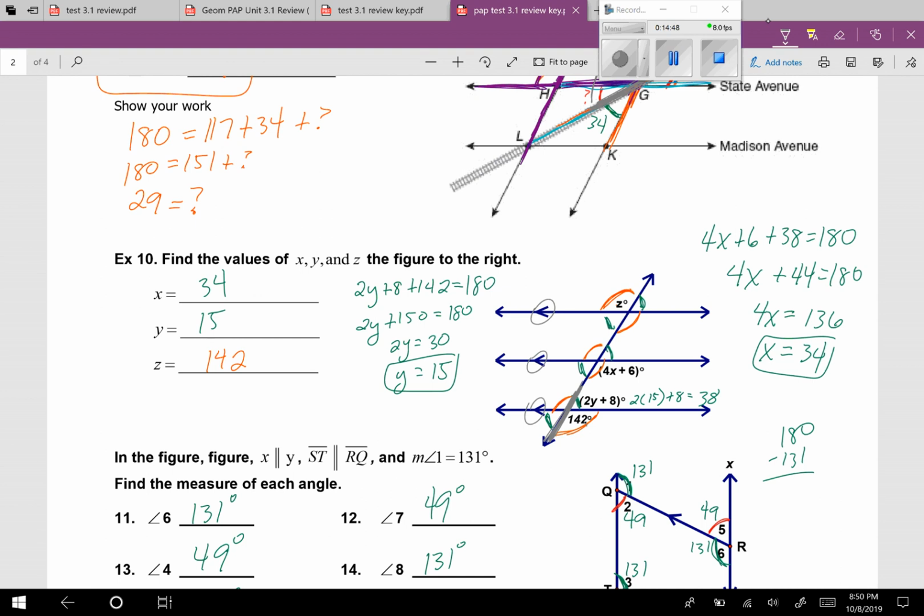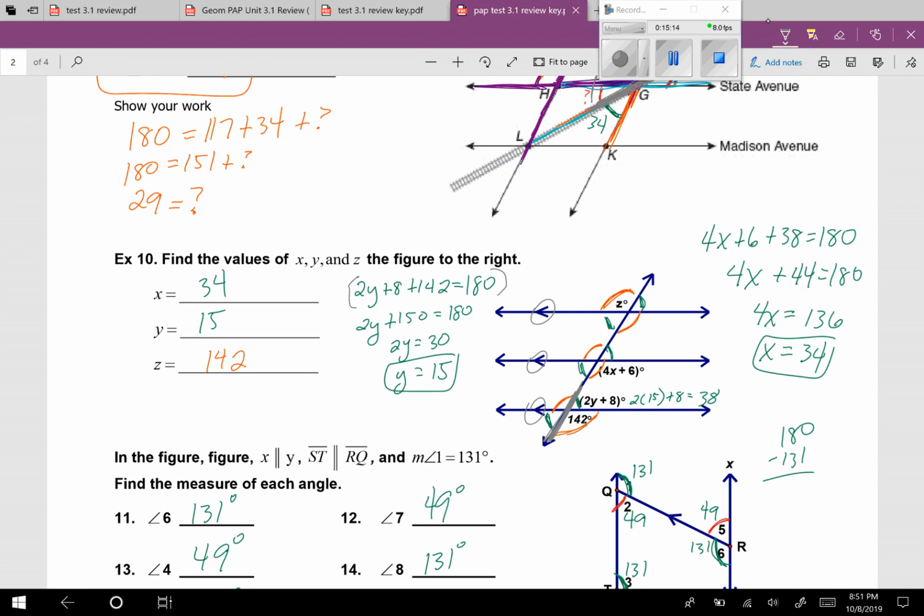So I said 2y plus 8 plus 142 equals 180 over here. And then I solve this, and so I get y is equal to 15. I started with that because I had to be able to find a way to get just y, and I noticed it was right next to that 142. I know they make 180, so that's why I started there.